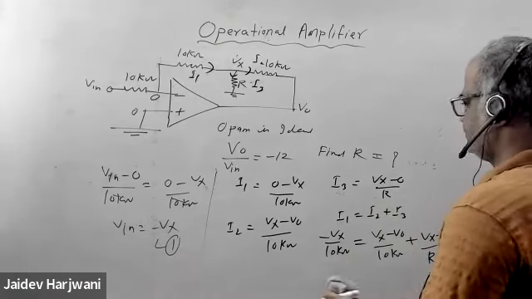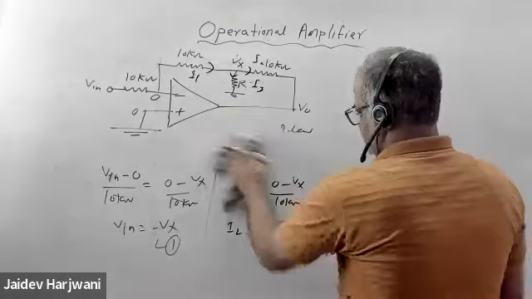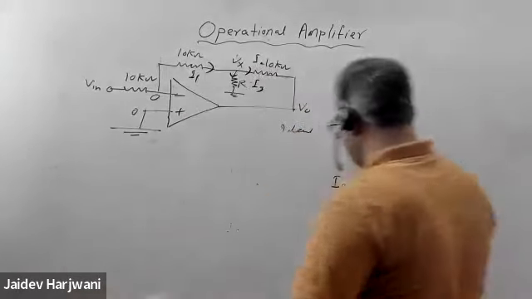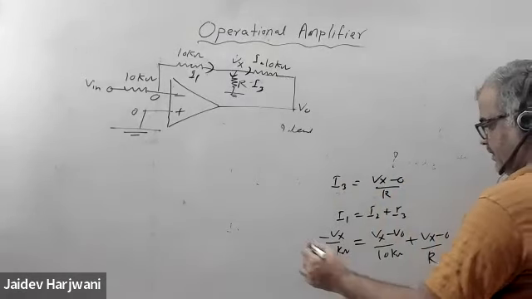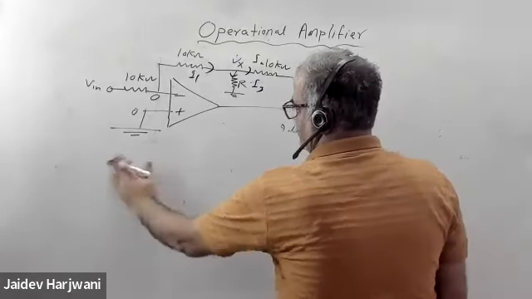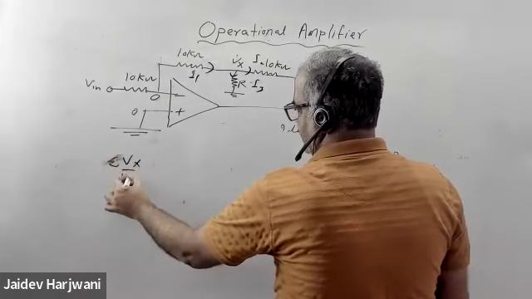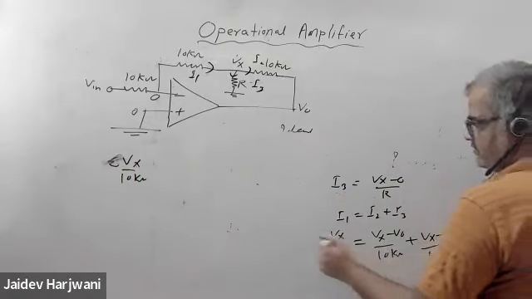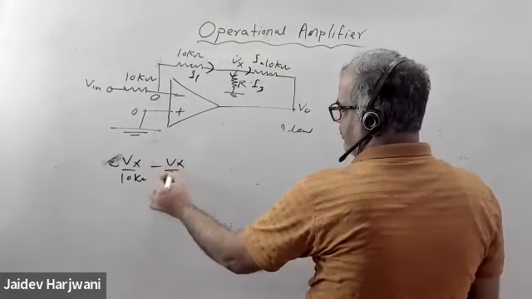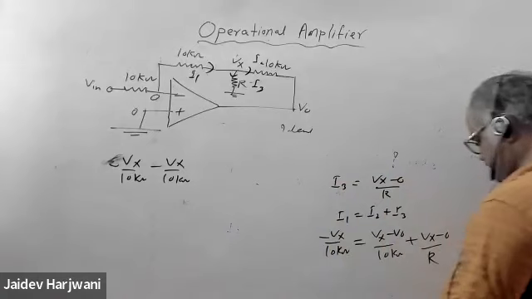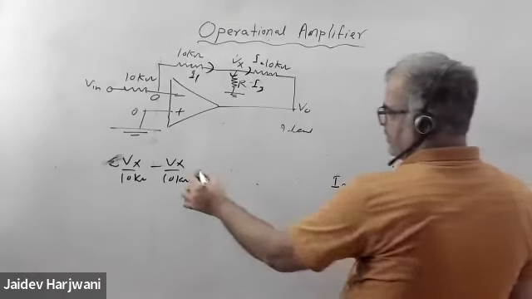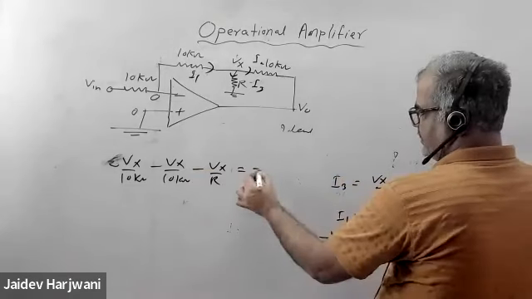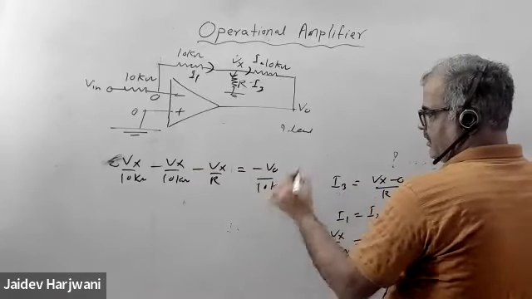So I can write: minus Vx upon 10 kilo ohm, minus Vx upon 10 kilo ohm, and minus Vx upon R equals minus V0 upon 10 kilo ohm.